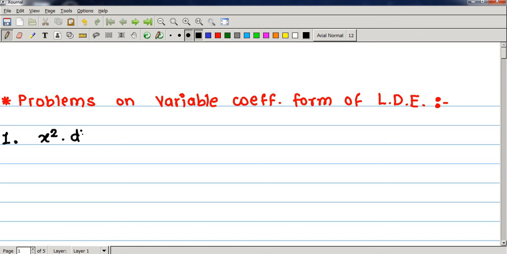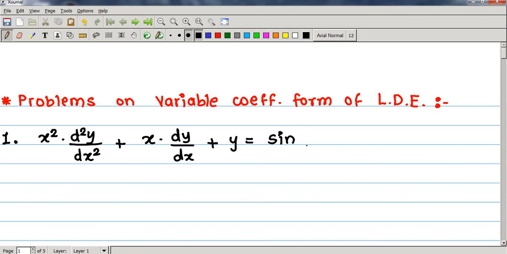x square into the second order derivative of y with respect to x plus x into dy by dx plus y is equal to sine of log of x square.